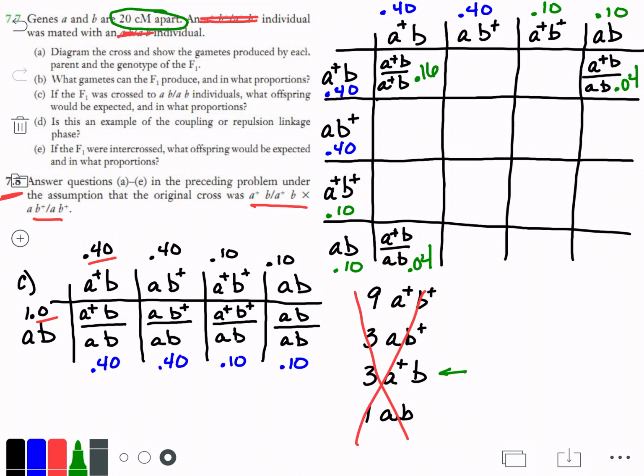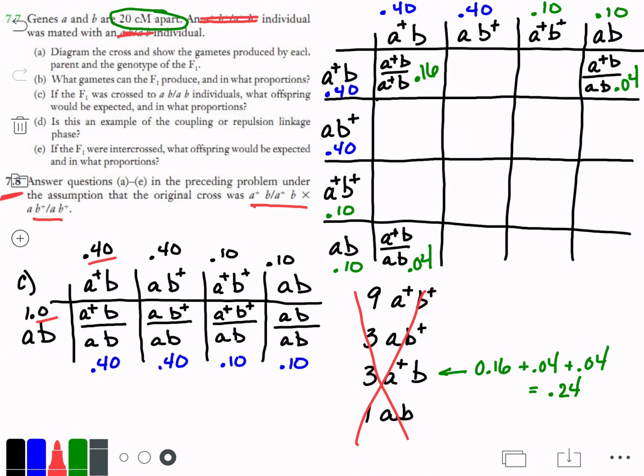So this phenotypic category that I've sort of focused in on now has 0.16, 0.04, 0.04. It's 24% of the total. It's no longer the 3/16 I would have predicted from Mendelian genetics. It's a little bit higher percentage than that because of the linkage.